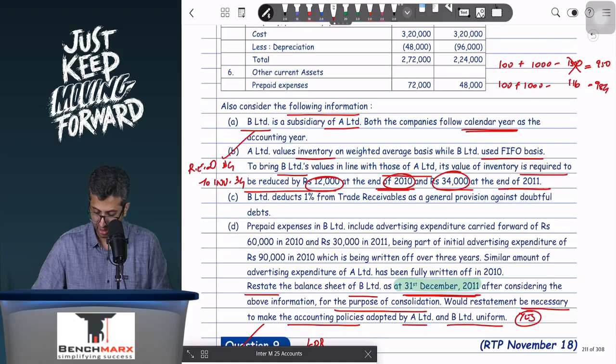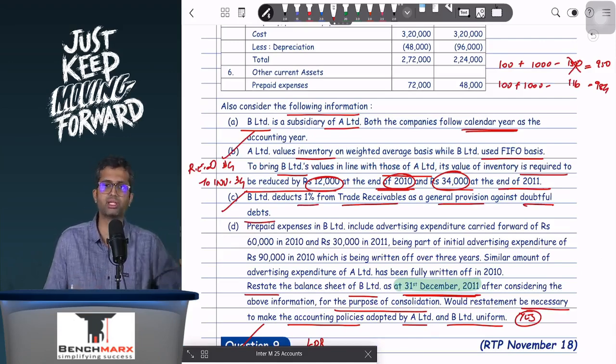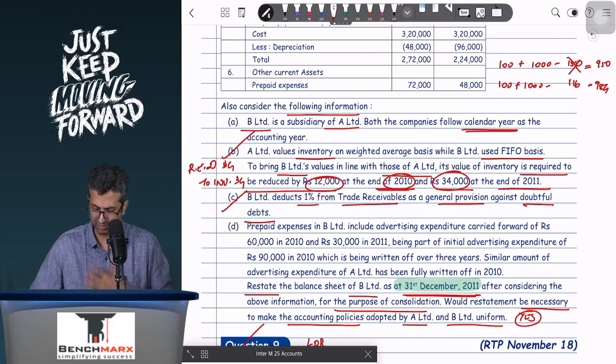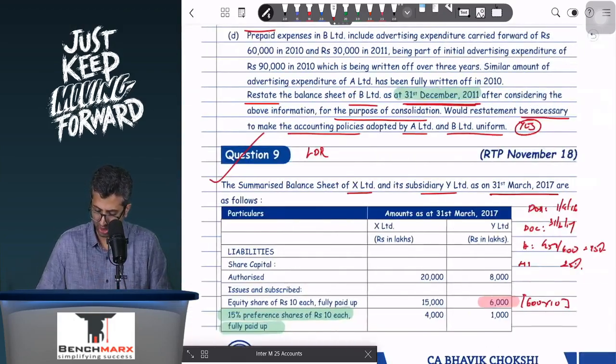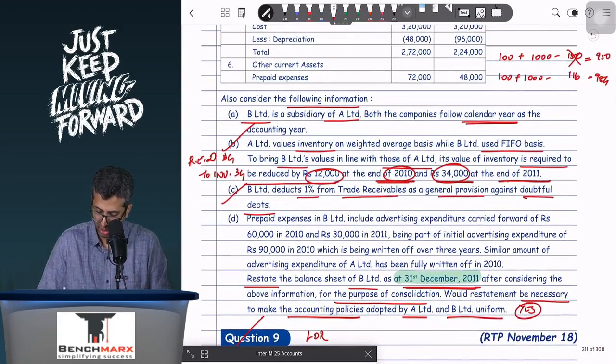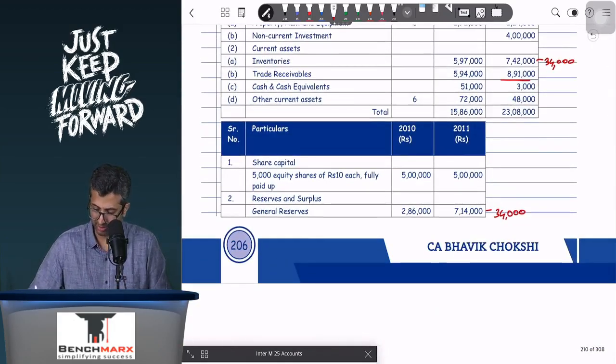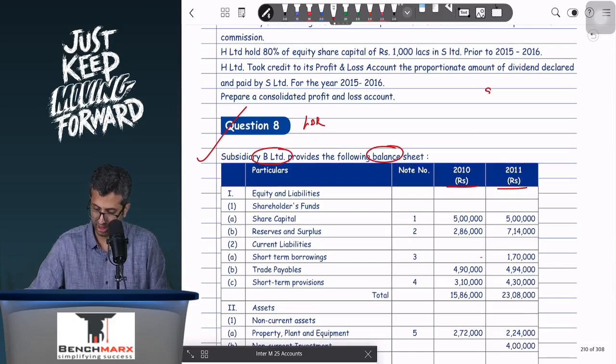Second, B deducts 1% of trade receivables as a general provision against doubtful debts. That is what B does. Is it given that A does a similar treatment? No. So we can assume that A does not do that treatment. If I go to see, for B, your trade receivables are 891. Now, this is after everything.